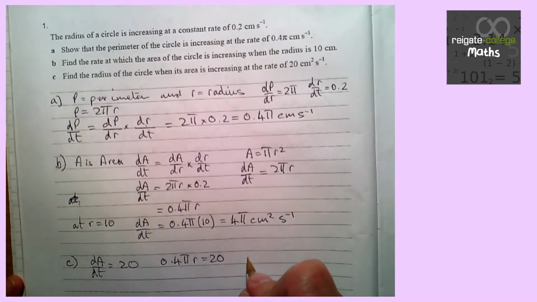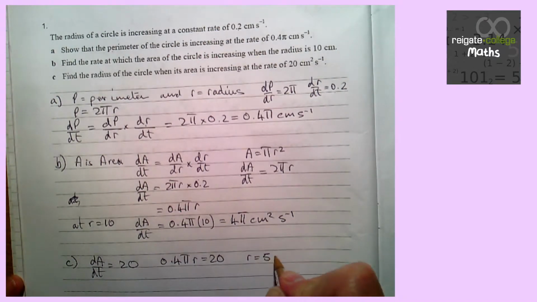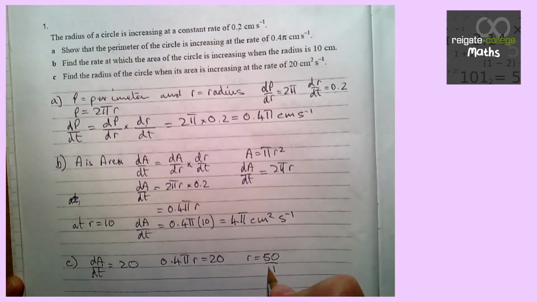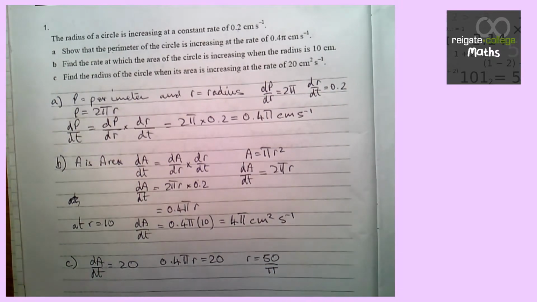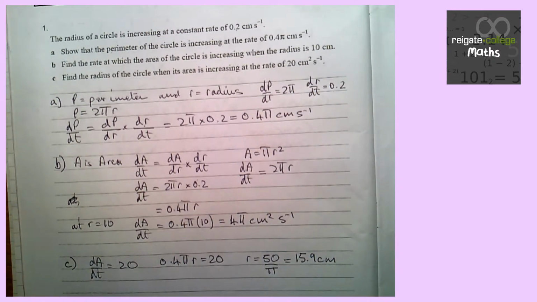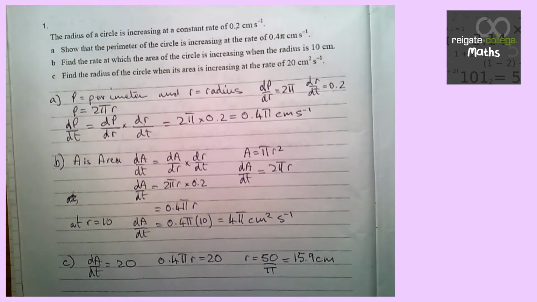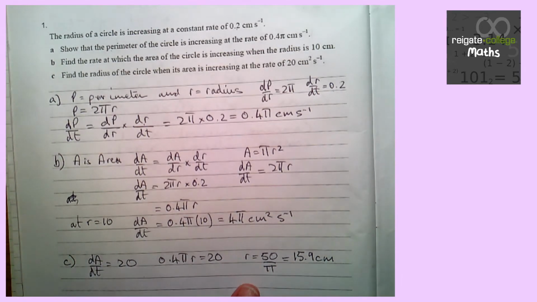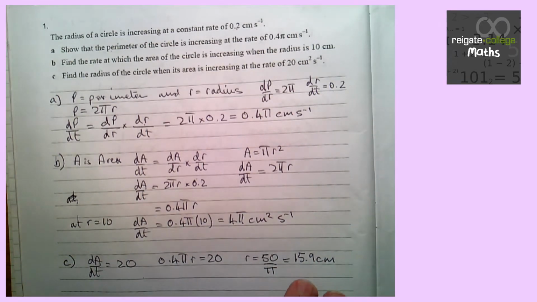That means r is equal to 50 over pi, and if you work that out on your calculator, that's 15.9 centimeters. So when the area of the circle is increasing at a rate of 20 centimeters squared per second, the radius is 15.9 centimeters.